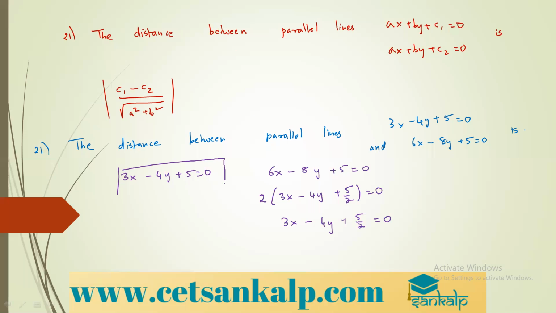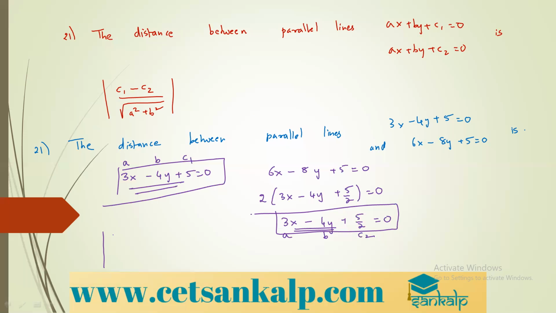So in this way, the set of parallel lines, they must look like this. 3x minus 4y, 3x minus 4y. See. So the distance you can take now, this is A is 3, B is minus 4, C1 is 5. A is 3, B is minus 4, C2 is 5 by 2.